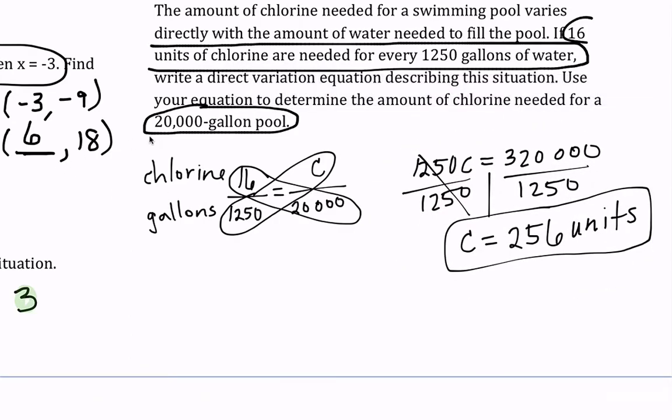All right, so if we want a 20,000 gallon pool, I'm going to have 256 units of chlorine. Let's keep it going.